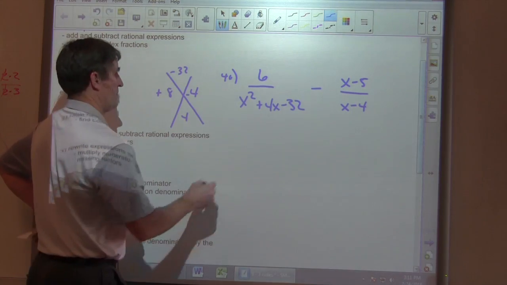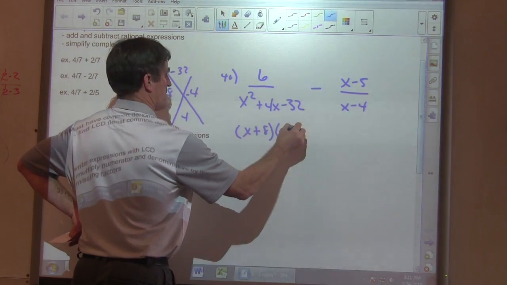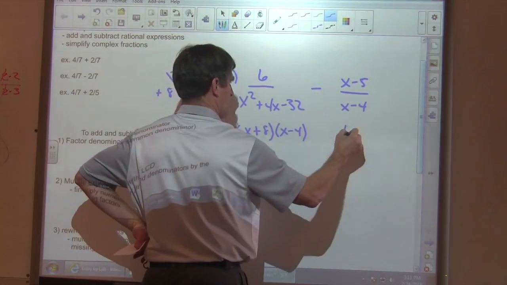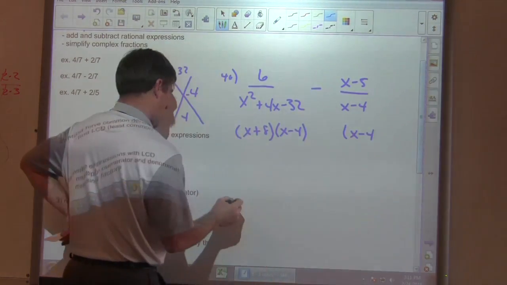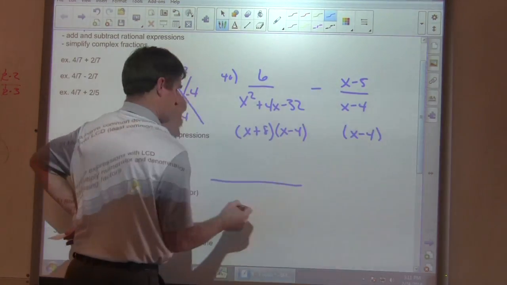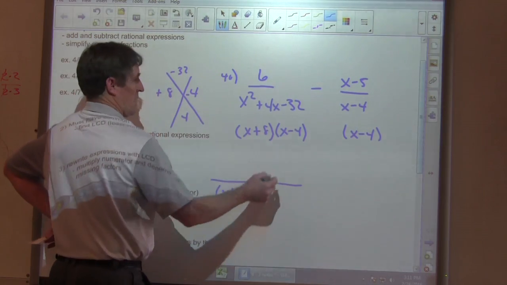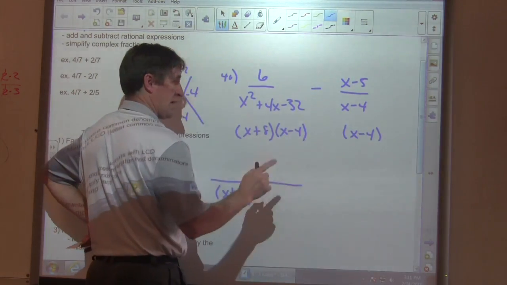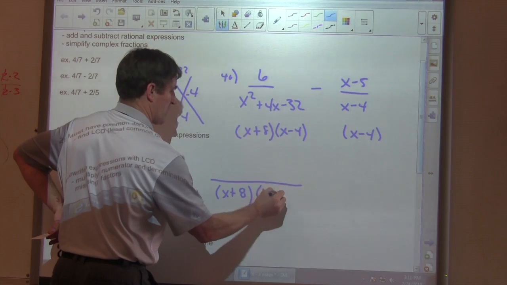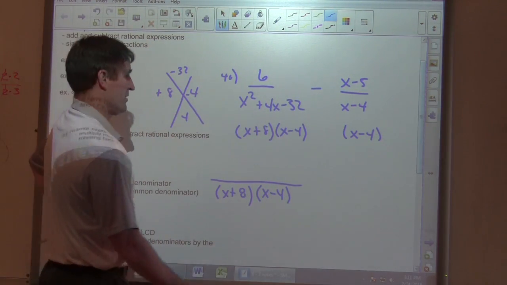So x plus 8, x minus 4. Can't factor x minus 4. Common denominator, I need 1 x plus 8. I have 1 x minus 4 here and 1 there. Again, you need the highest, which would be 1, so x minus 4. So we got our common denominator.